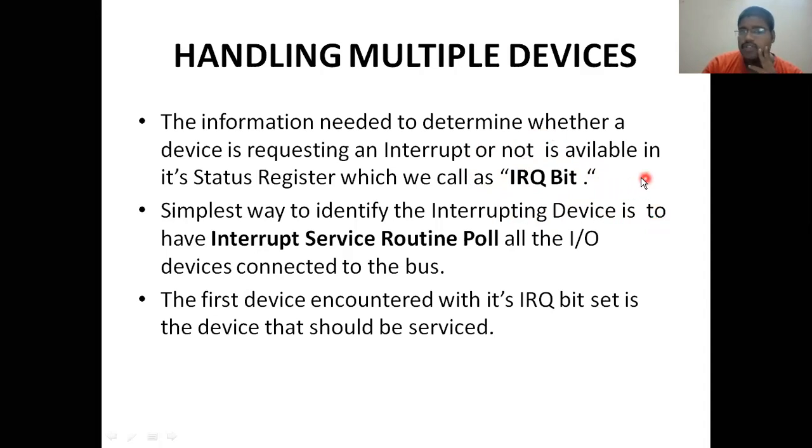Whenever it becomes 0, that means it is not asking for an interrupt. That is what happens. So this will be determined by using the IRQ bit, the interrupt request bit.